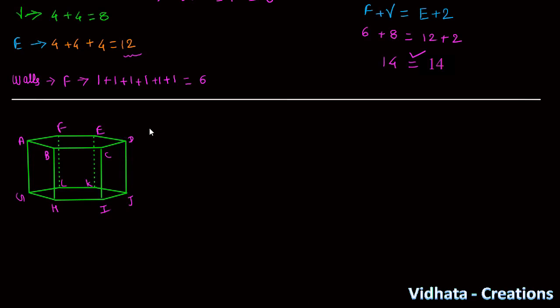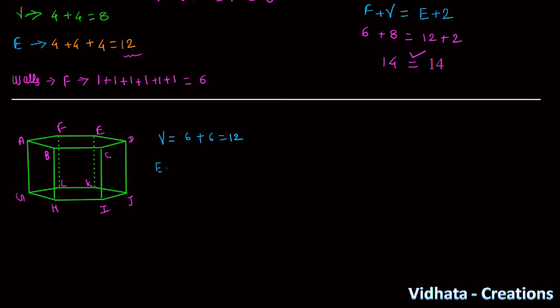Now here, can you say how many corners are there? What do we call the corners? We call a corner a vertex. How many vertices are there? At the top there are a total of 6 vertices, and at the bottom there are 6 corners, means 6 vertices. So in all there are 12 vertices. How many edges are there?